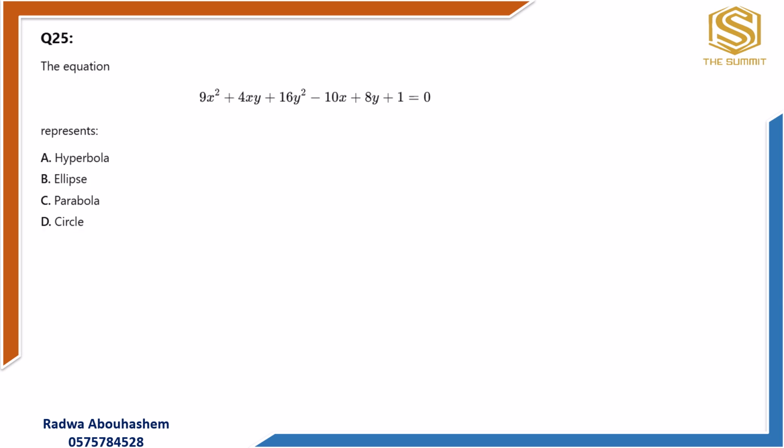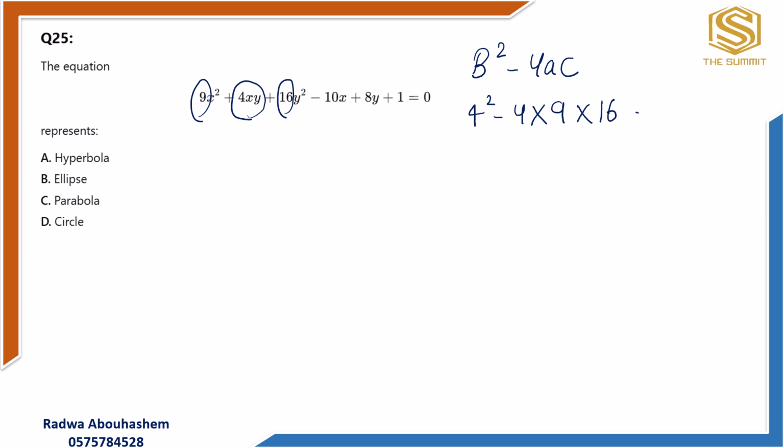Okay, the equation represents... let's calculate the determinant. b power 2 minus 4ac. Where is b? It's 4. B is the coefficient of xy. So 4 power 2 minus 4 times 1, which is the coefficient of x power 2, times c, the coefficient of y power 2, which is 16. So obviously it would be smaller than 0, right?